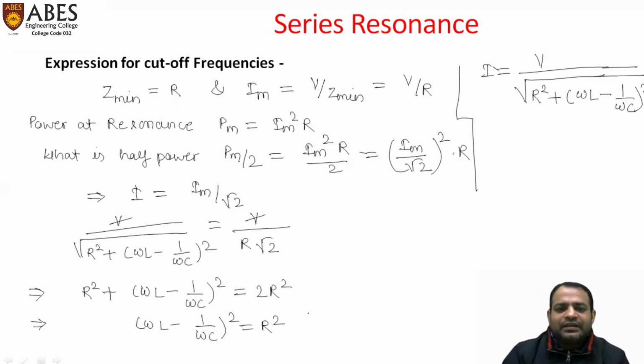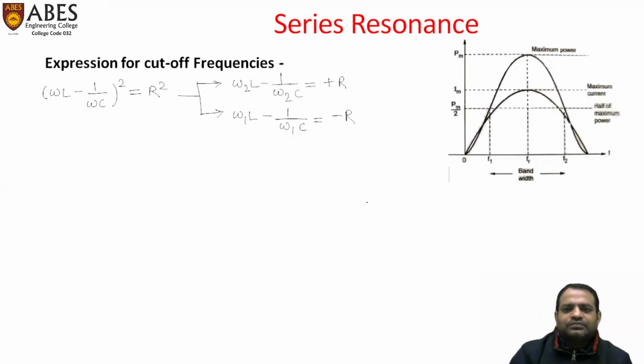Now we are having two values, F1 and F2. So this is our F1 and this is our F2, correspondingly omega 1, omega 2. Now this is our half power.